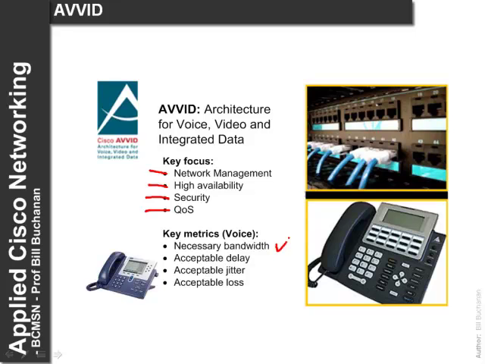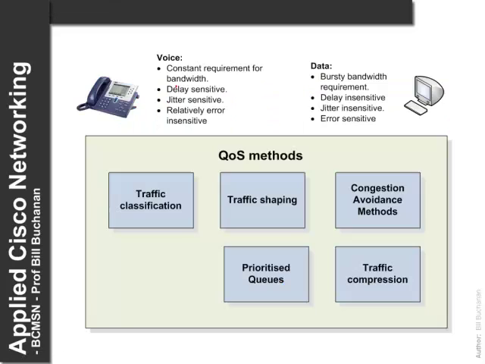As we'll find, the key metrics involved in voice are to define the necessary bandwidth, to define an acceptable delay or latency, define an acceptable amount of jitter, and to define an acceptable amount of loss. It is the AVVID architecture which tries to implement this.